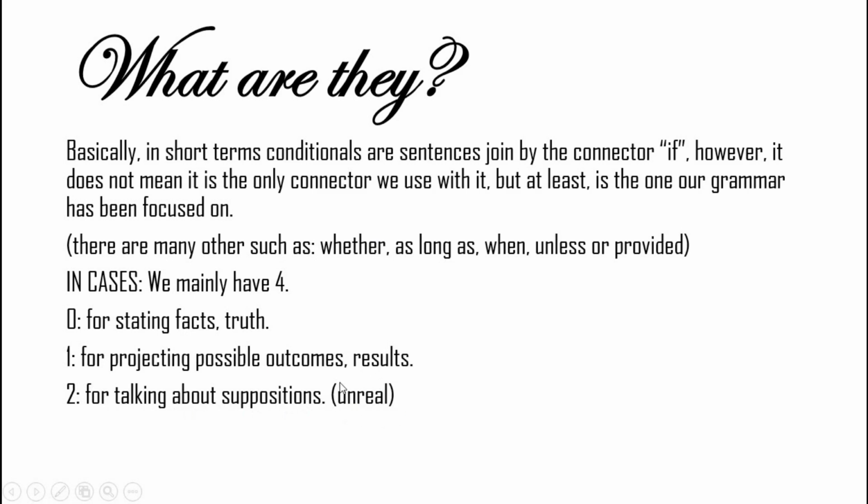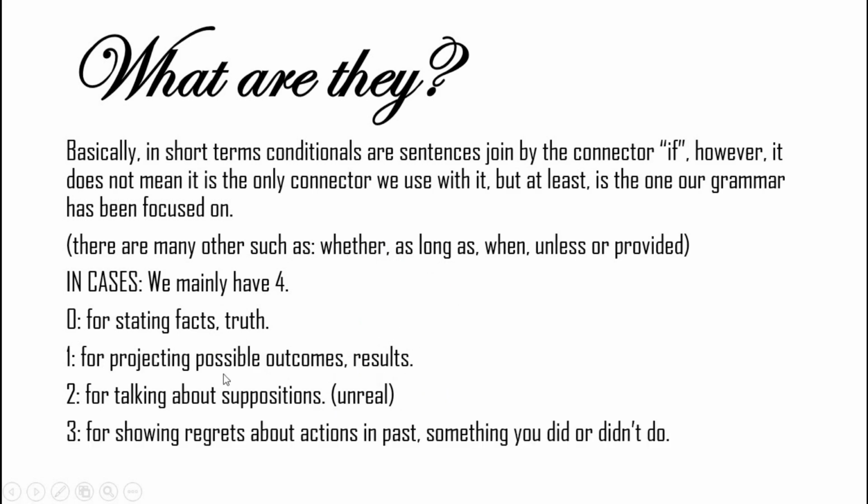Remember, something that is unrealistic, something that is not true and that was not true, it's just a supposition. And third for showing regrets about actions in the past, something you did or something you didn't do. If we regret doing or not doing something in the past. So now let's talk about them individually.